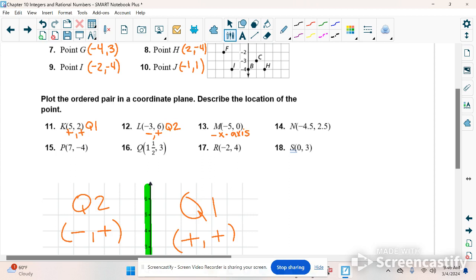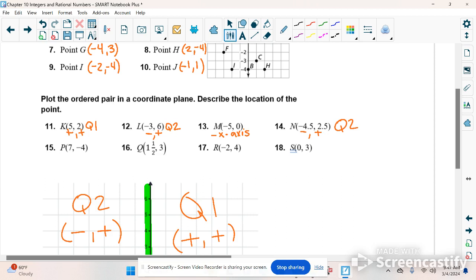All right. Number 14, we have negative 4.5 and positive 2.5. So we have a negative and a positive. Where's negative and positive at? Q2. Right. Number 15. What are the signs for number 15?